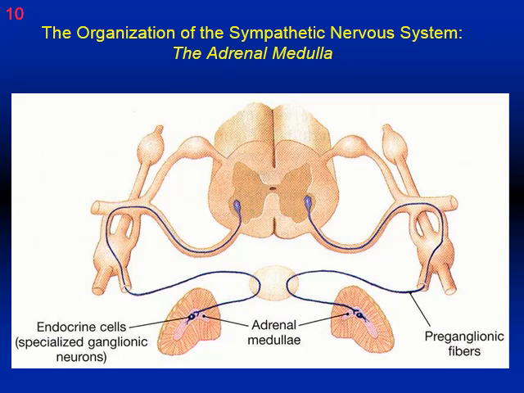Acetylcholine binding to what kind of receptor on this cell, if it's a postganglionic cell? A nicotinic receptor. Yes? It's like any old ganglion up till here. But there is no second fiber. And so the tissue just releases epinephrine into the blood, which gets carried around to targets and binds to receptors of the alpha and beta varieties. All right, so this is the exception, and we called it the modified sympathetic ganglion.